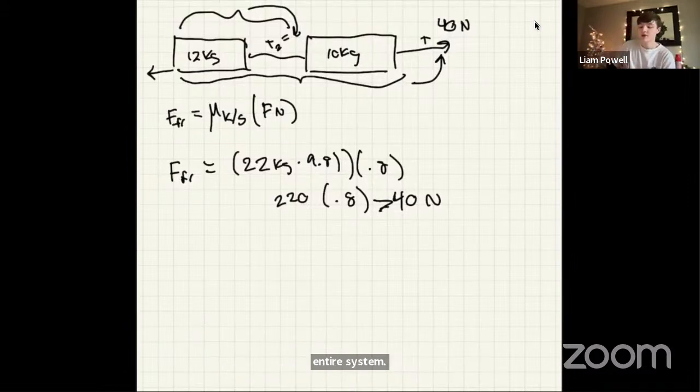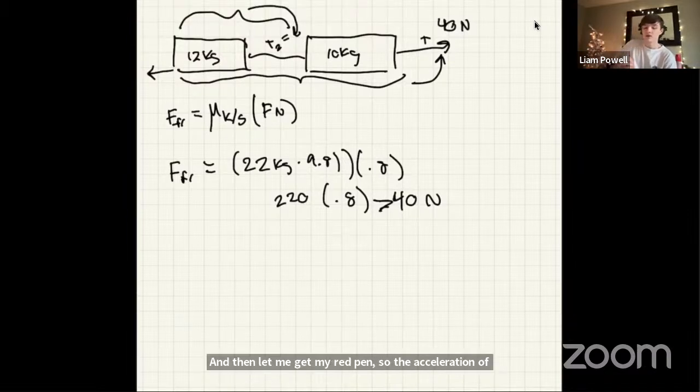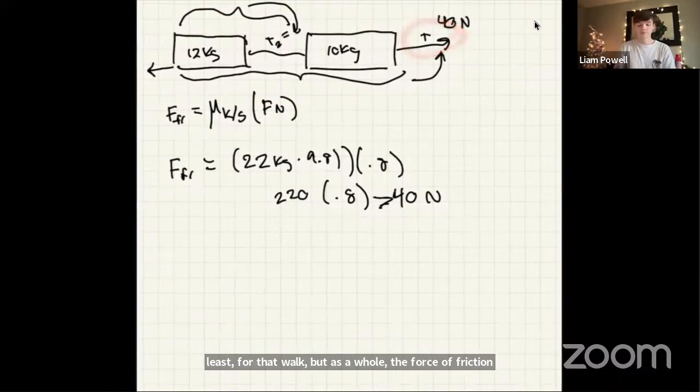So for the acceleration of the system, we take the force being pulled, subtracted by friction, and then we have the mass and the acceleration. And if it's moving at constant velocity, we can just find the force of friction, which is equal to tension 2, at least for that block, but as a whole, the force of friction for the entire system is equal to that.